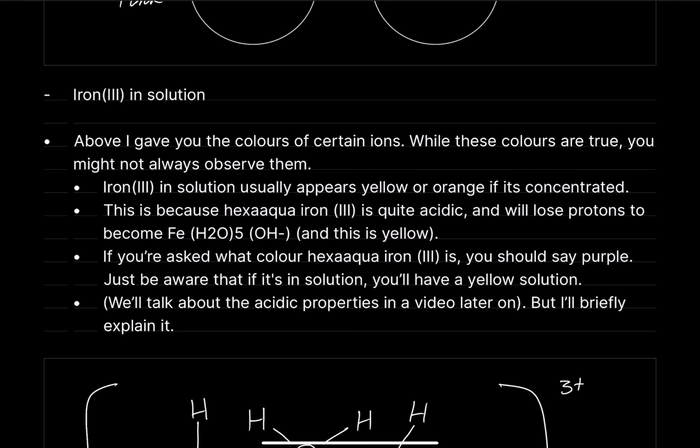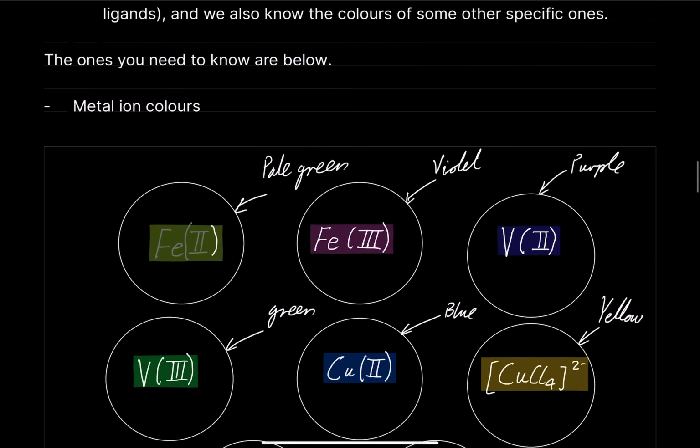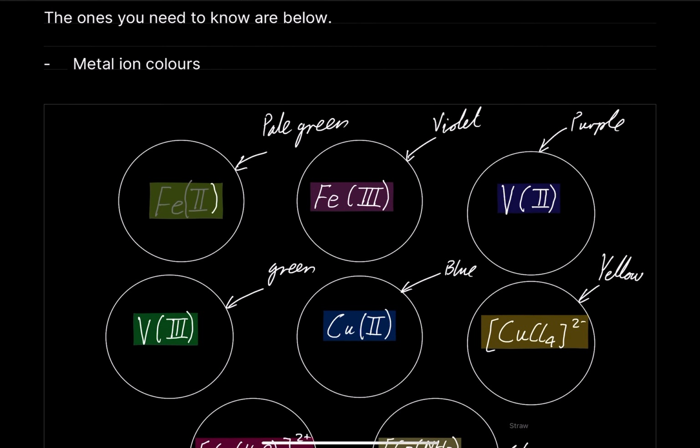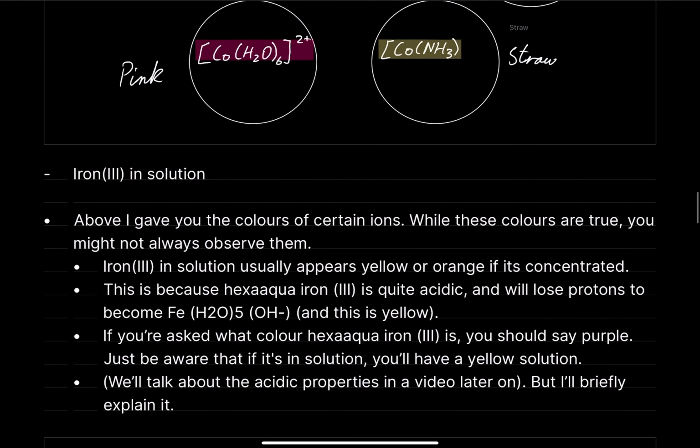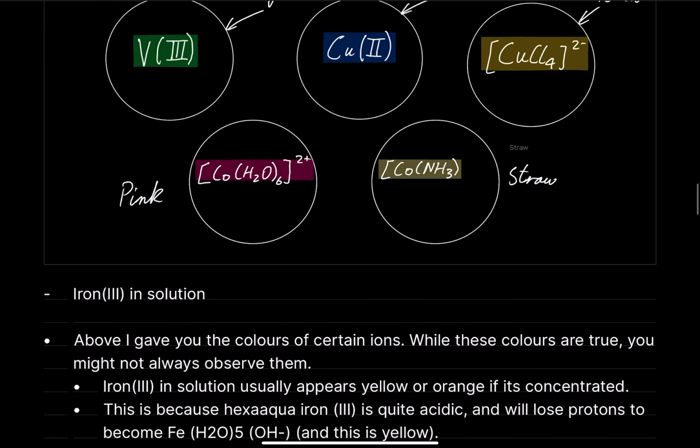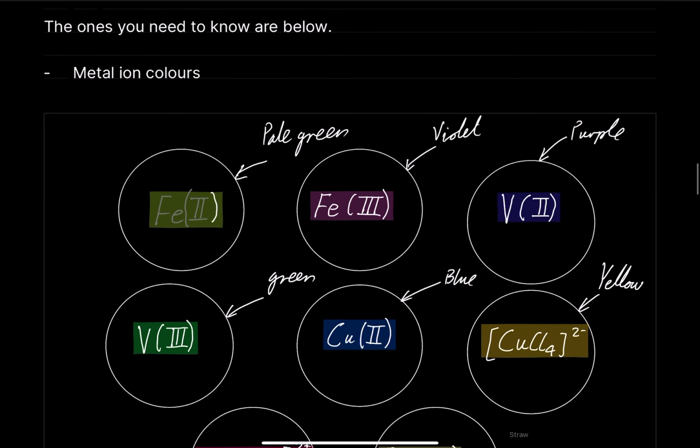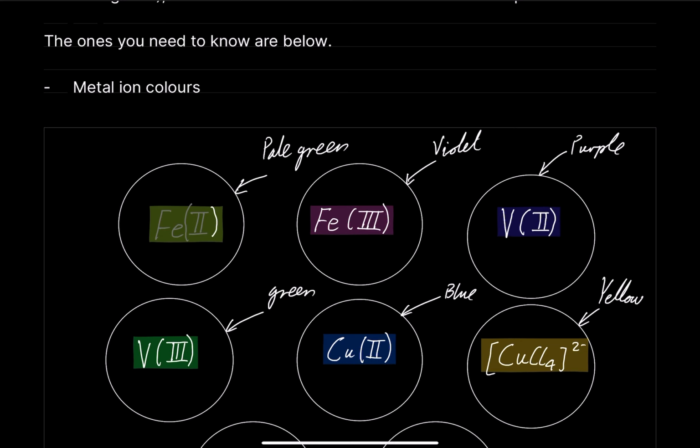So out of solution, hexaaqua iron 3, Fe3+, is a violet. Did I say violet? It's more of a purple color. I apologize, this is purple.